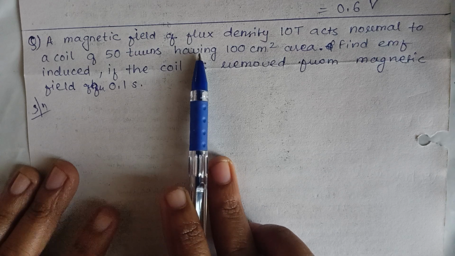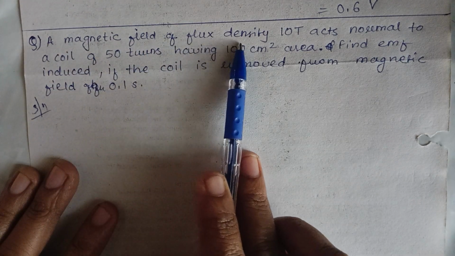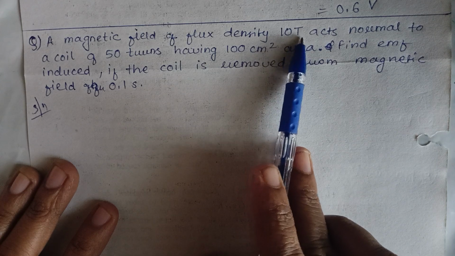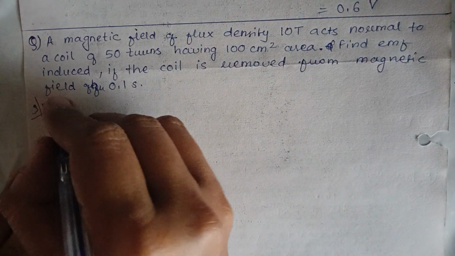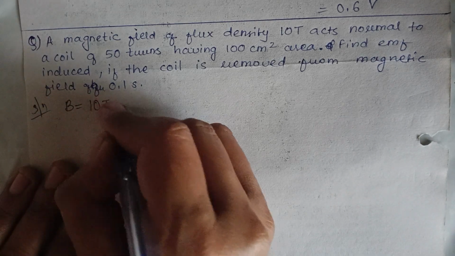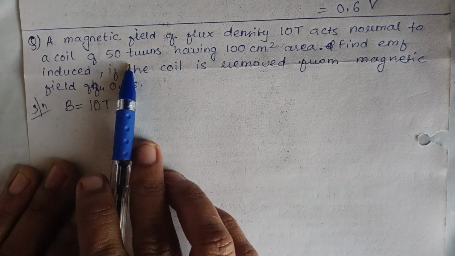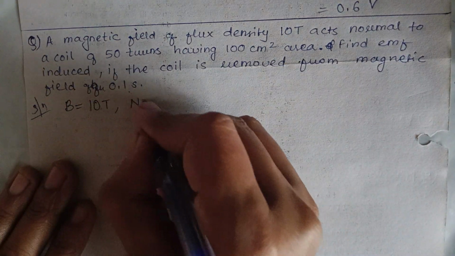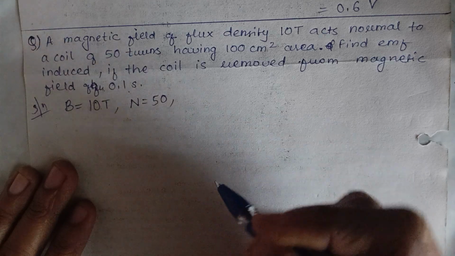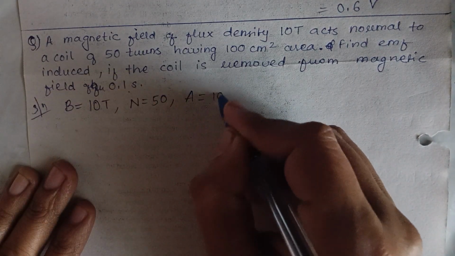Magnetic field of flux density 10 Tesla, so B is 10 Tesla. Coil of 50 turns, so N is given 50. Having 100 centimeter square area.